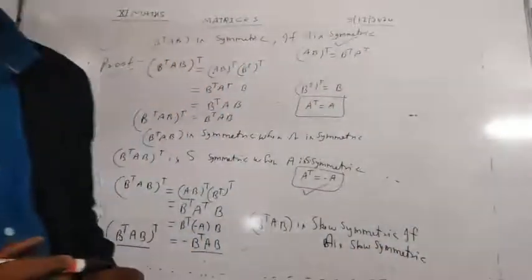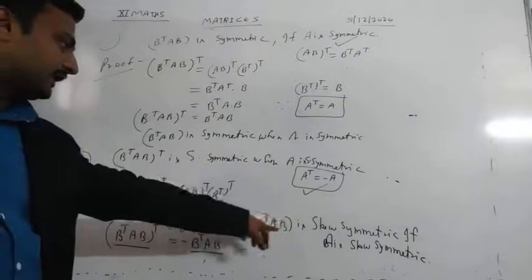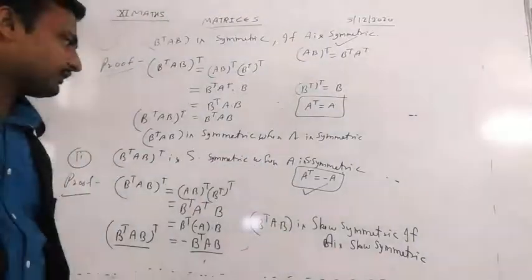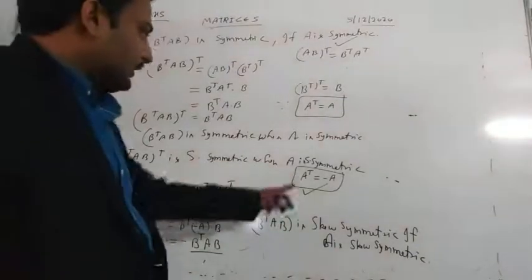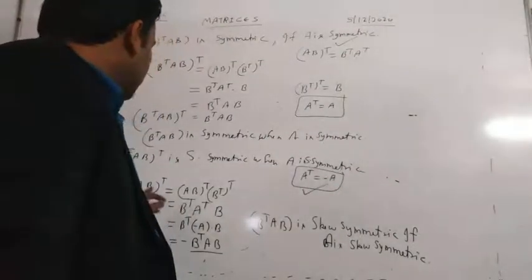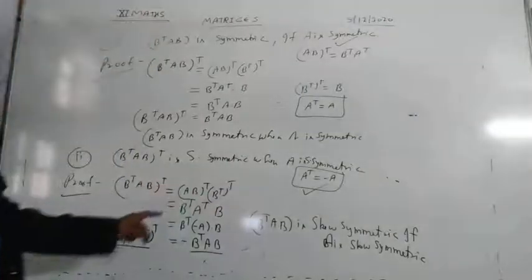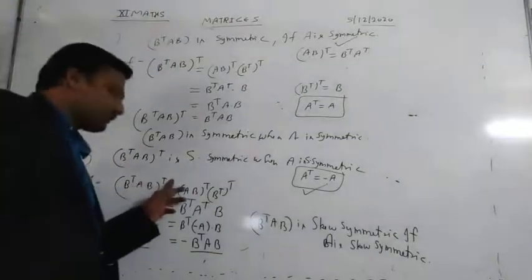Okay, students, if we are given that A is skew symmetric, then we can use A transpose equal to minus A. Now we have to show that this matrix is skew symmetric, so we take the transpose of this.